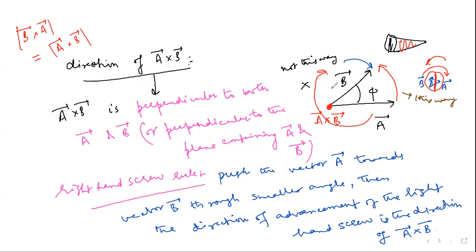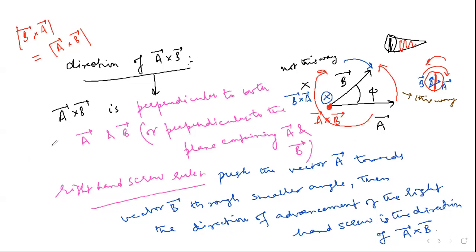So B cross A will be pointing into the board. That means it will be indicated here by a cross. A cross indicates the tail of the vector. So A cross B here is out of the board, B cross A is into the board, indicated by a cross. A cross B is indicated by a dot.